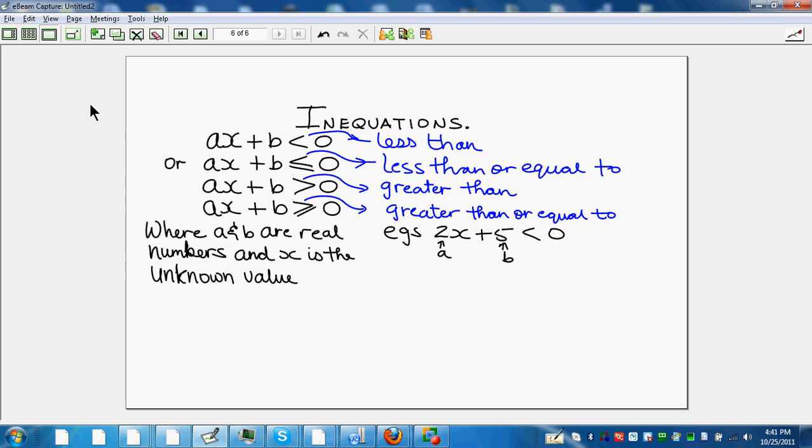Another example that we could look at might be 3x plus 2 is greater than or equal to 0. In this case, a would be 3 and b would be 2. Okay, so those are some examples there.